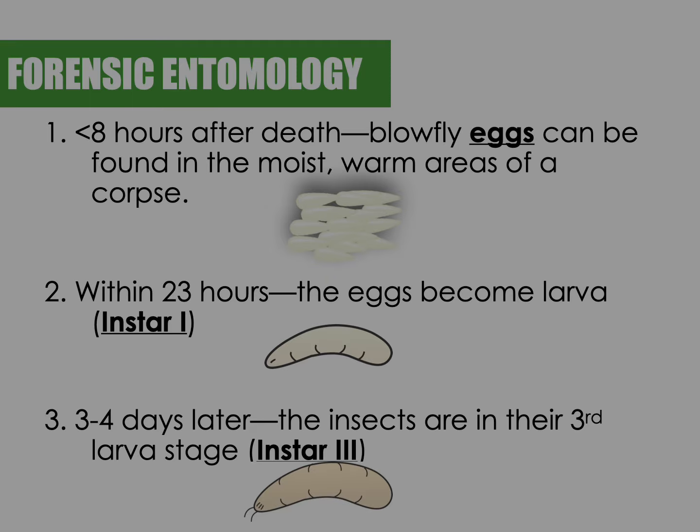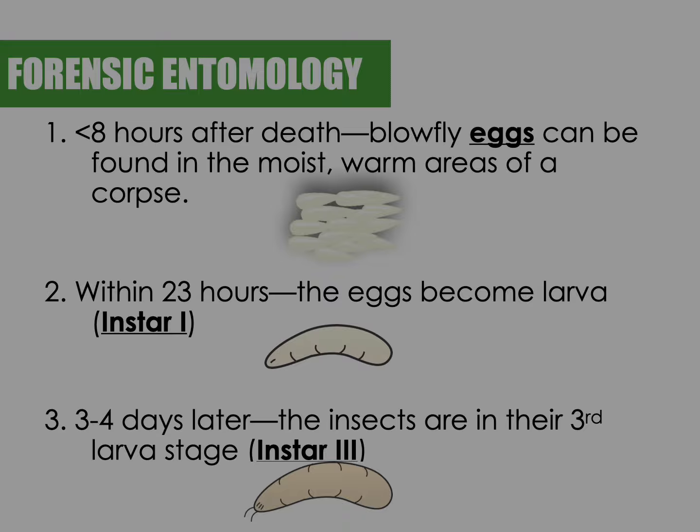The first that we're going to be looking at, in less than 8 hours after death, is the blowfly eggs. Those can be found in moist, warm areas of a corpse. They are white or off-white in color. They are small, and they almost look like white dots, like very small dots of mold grouped together.